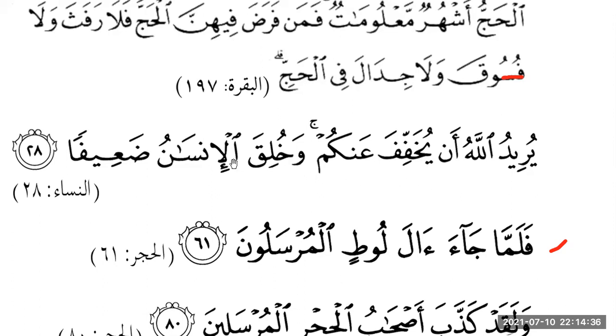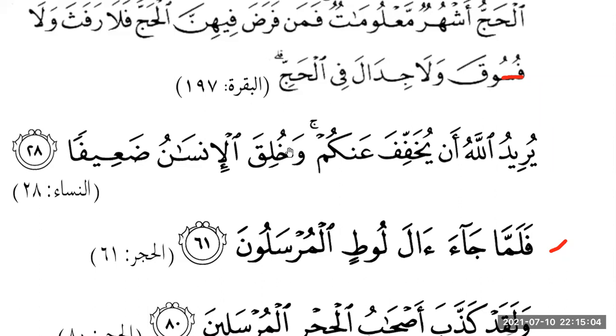Wa khuliqal insanu dha'ifa. Again we have wa, which means and. Khuliqa is a fi'l madi, but it's majhul, passive. If it's an active madi, active past tense verb, it will be khalaqa, like we said earlier.